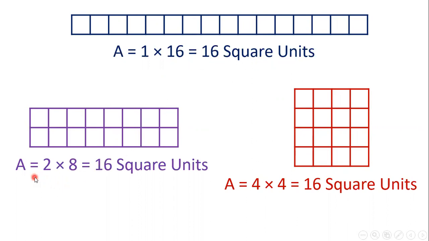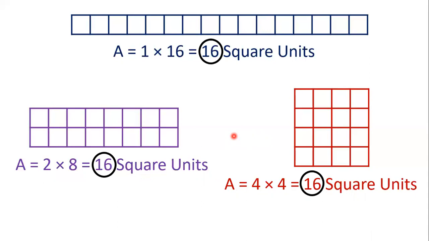For this, the area is 2 multiplies 8 equals 16 square units. And for this one, the area is 4 multiplies 4 equals 16 square units. So all of them have the same area.